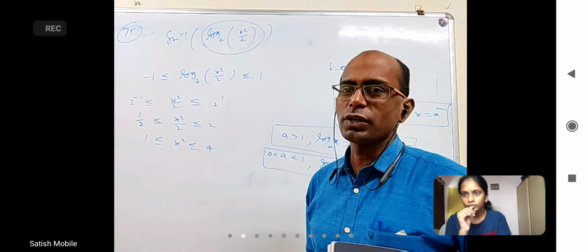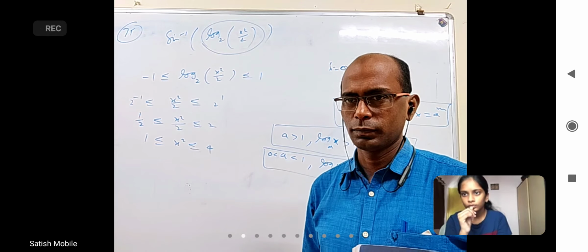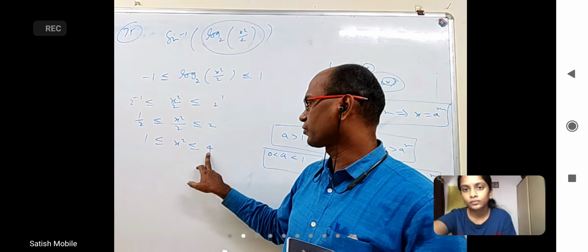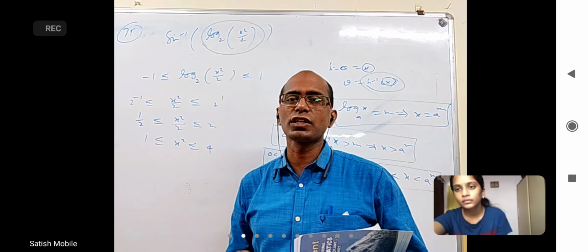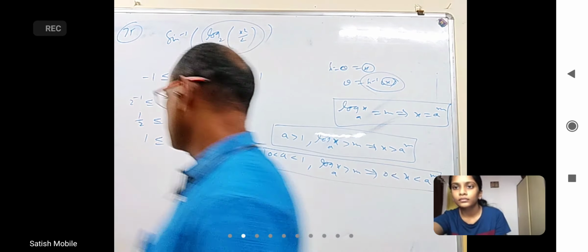Basically minus 2 and minus 1, right? Minus 2 whole square is plus 4, minus 1 whole square is plus 1. So x should be between minus 2 and minus 1 also. Simple common sense you can tell that.